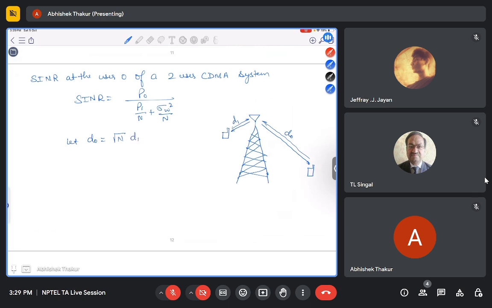So the transmit power of each user at the base station is denoted by Pt, since the radiated electromagnetic power decays at the rate of d square. So P1 is equal to Pt, the transmit power, divided by d naught square.